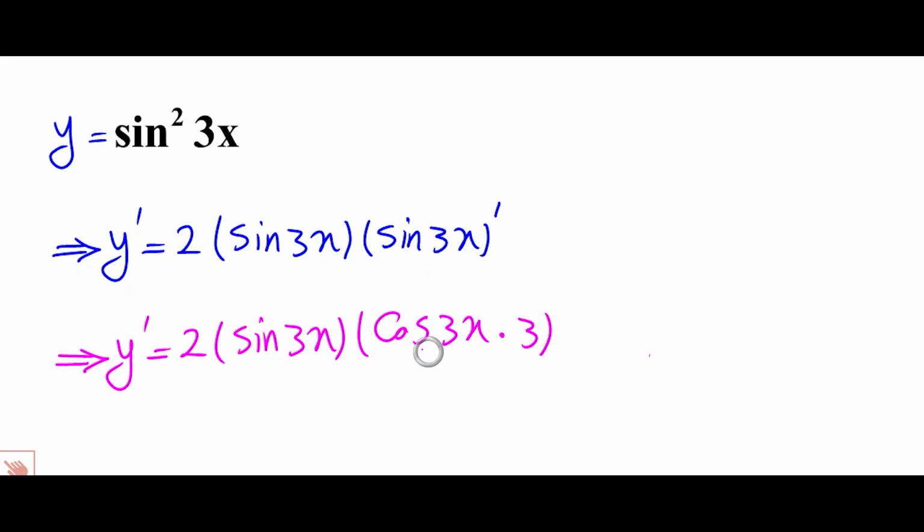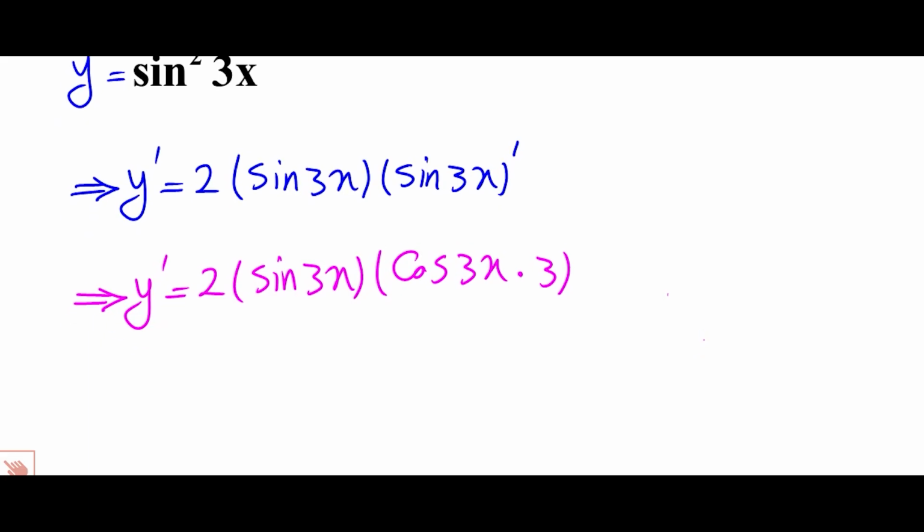We use the chain rule. So y prime is equal to 2 times 3, which is 6, times sine of 3x times cosine of 3x.